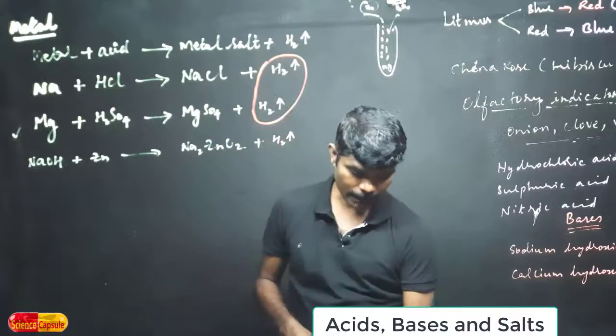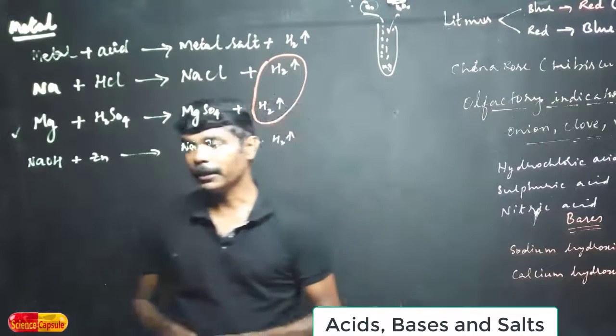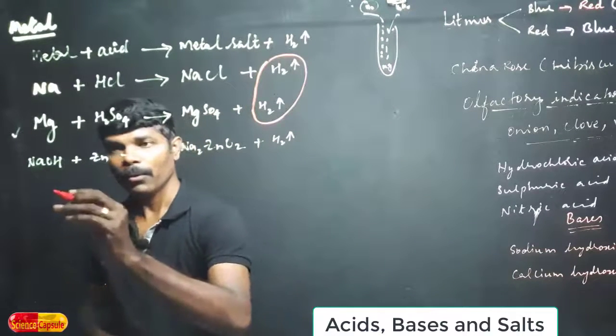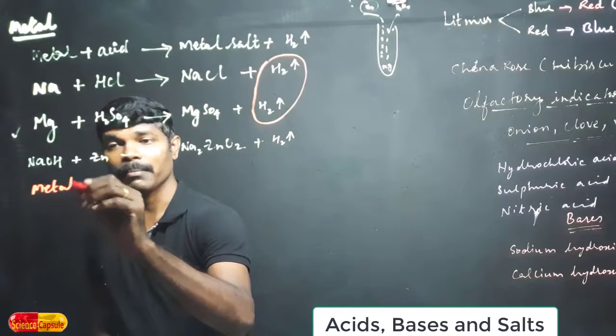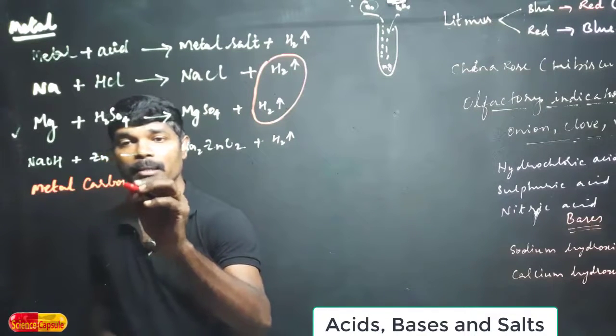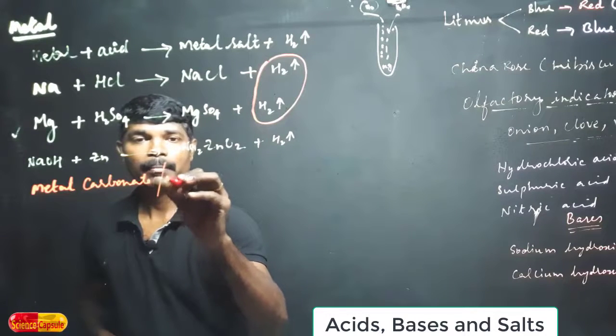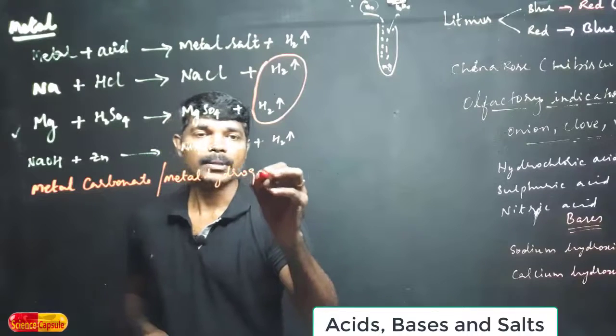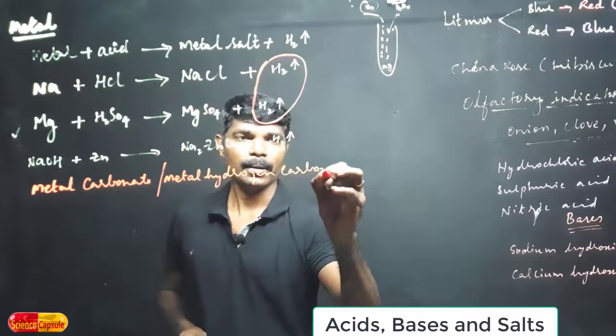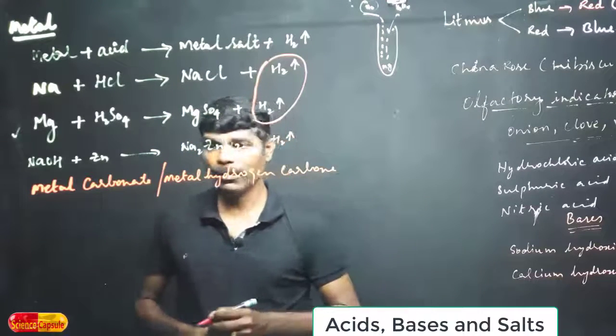Let us understand the second chemical property of acids and bases. What happens when acids react with metal carbonates and metal hydrogen carbonates? Let us write the general equation.